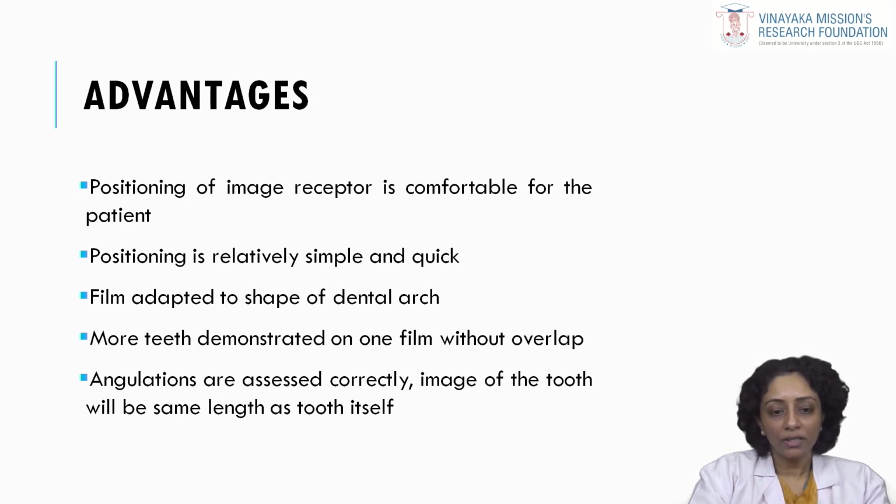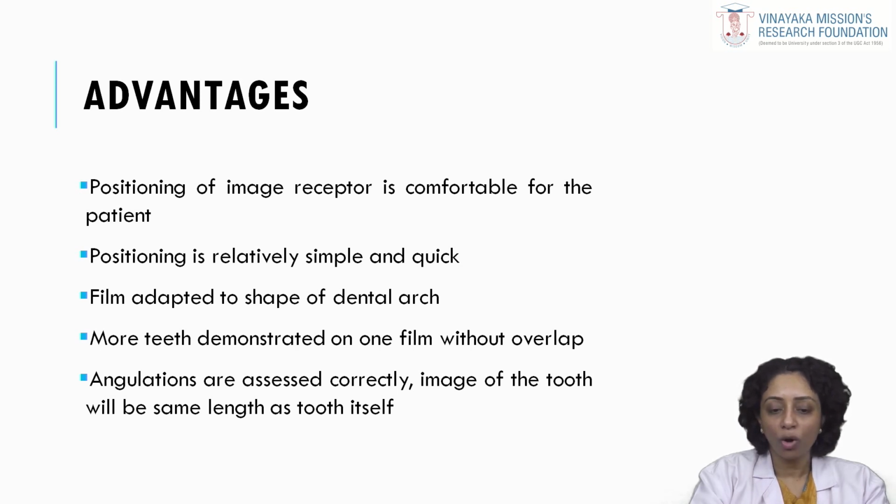Now, the advantage of using the bisecting angle technique is that the positioning of the image receptor is comfortable for the patient, because the patient himself or herself will be holding the image receptor in the oral cavity, or the bite block is easy to place inside the oral cavity. The procedure is relatively simple and quick if you place the correct angulations.